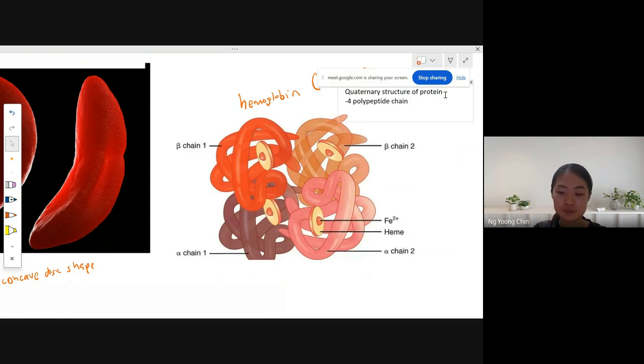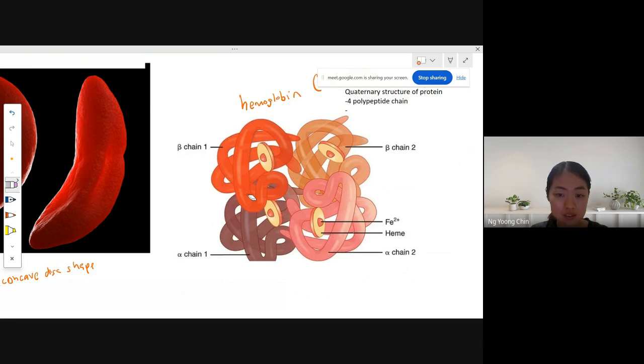You can see there are 4 polypeptide chains, right? 1, 2, 3, 4. And each of the polypeptide chains contains a heme group.